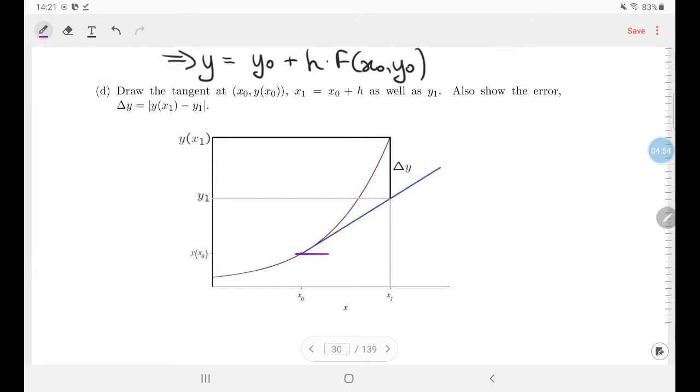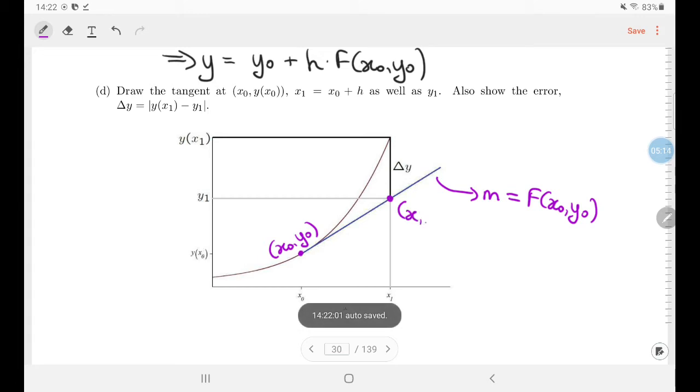You've got the initial point you know about, which is x0, y0. You have the slope from the differential equation. The slope of the tangent at that point is big F of x0, y0. You can travel along that tangent to get to the point x1, y1, and that is supposed to approximate the true value of y at that point, which is y of x1.